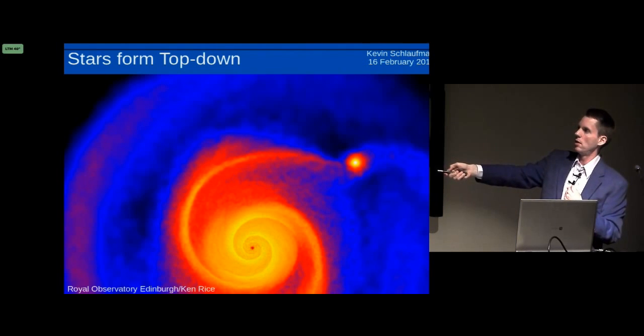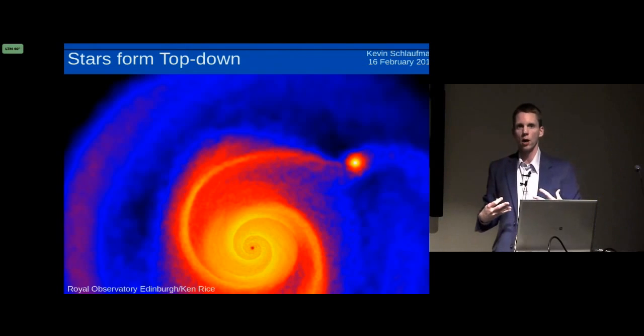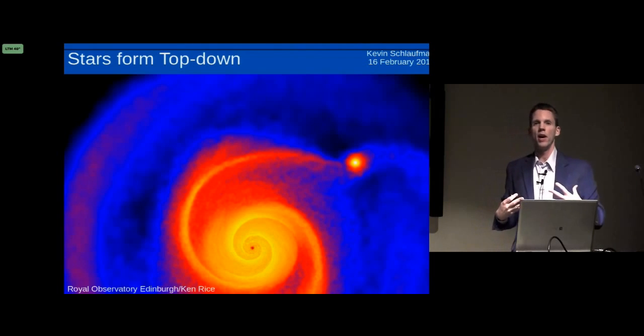So this is a theoretical calculation of the formation of a star system. And the forming star like the sun would be right here at the center. And if the disk is sufficiently massive, then this spiral arm pattern is a ubiquitous result of gravity being stronger than the things fighting against gravity.